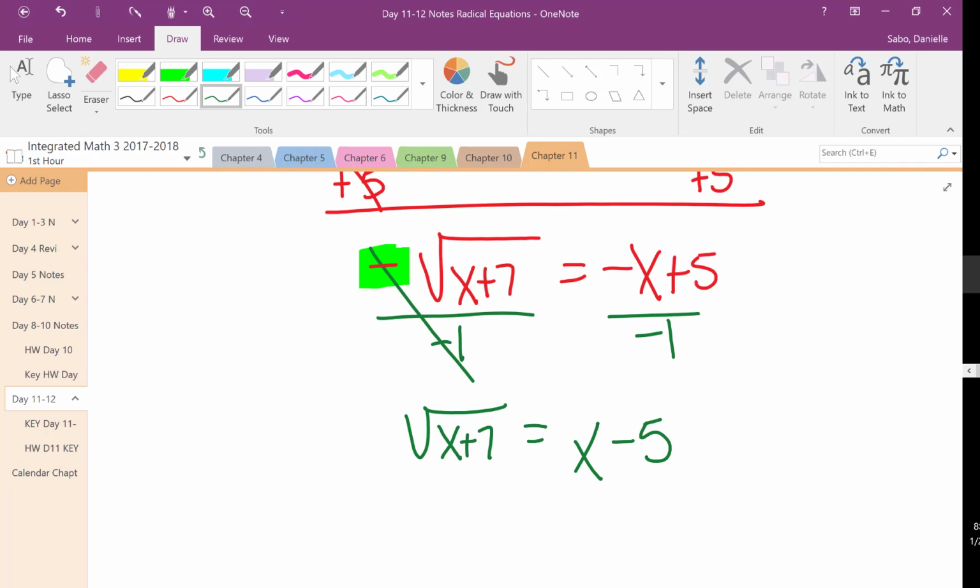You're going to have -5 and x minus 5x, which is 0. Try not to skip too many steps.